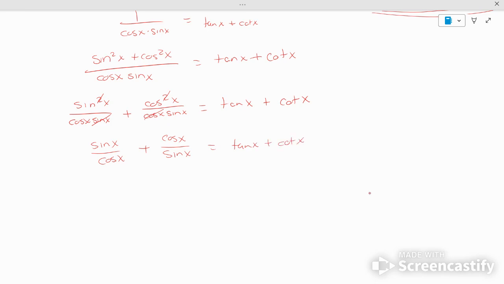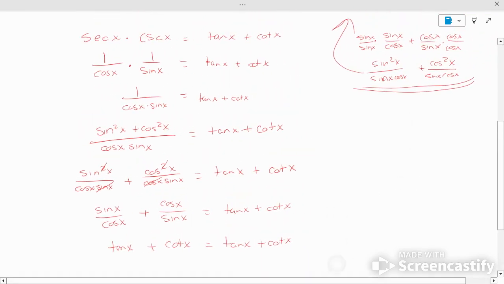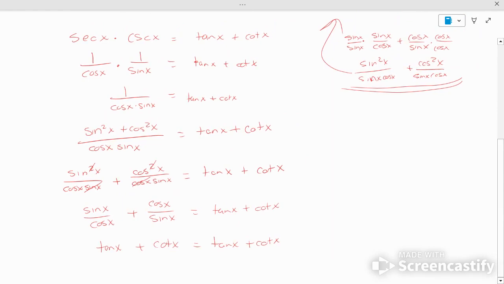So what's sine of x over cosine of x? Tangent of x plus cotangent of x equals tangent of x plus cotangent of x. Oh, looky there. I found a way to do it. Okay? All right.